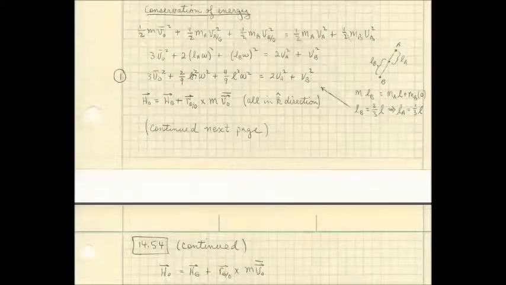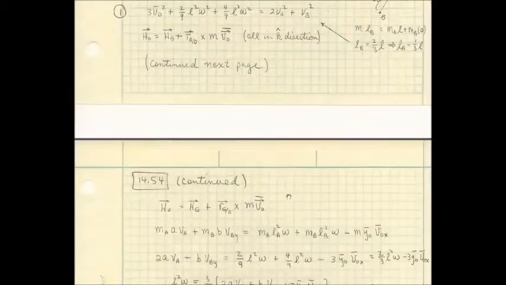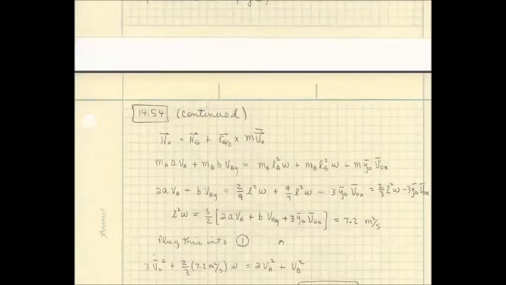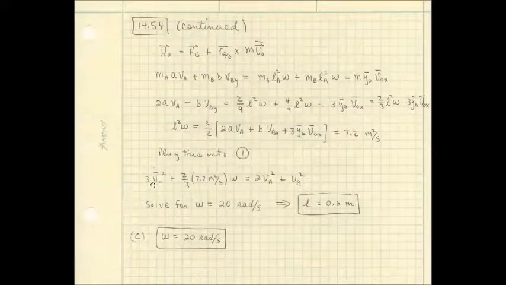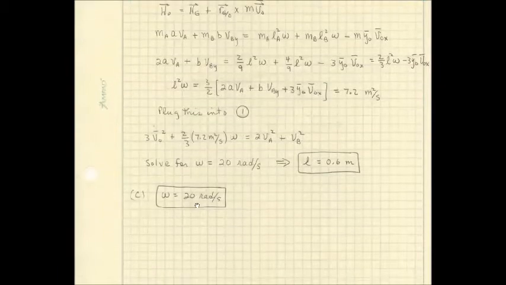If I put the L squared and one of the omegas together, I can plug in this number right here. In doing so, I end up with an equation with omega as the only unknown, and when you solve for omega, you get 20 radians per second. Once you know omega, you can solve for L and get 0.6 meters. And of course, the C answer is omega equals 20 radians per second, which we've already calculated.